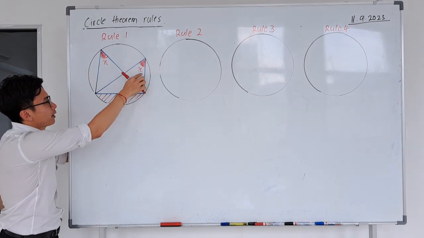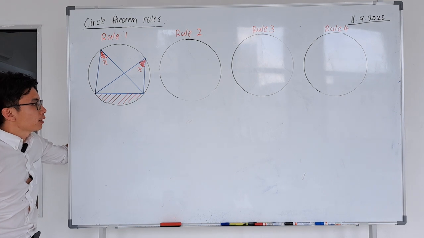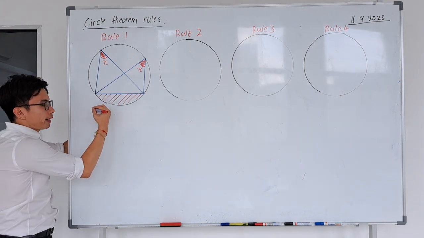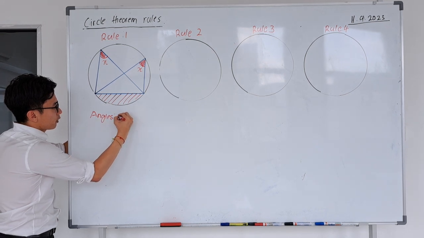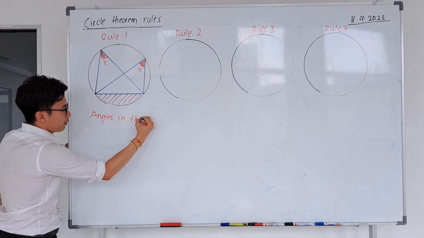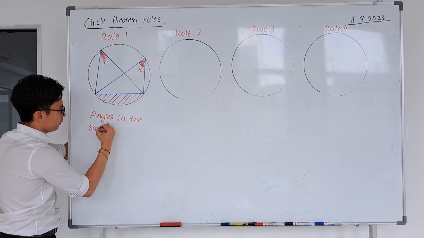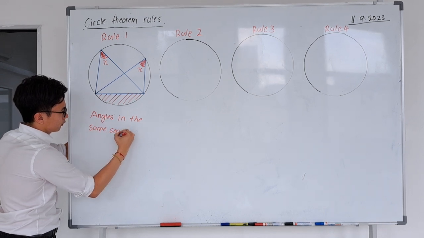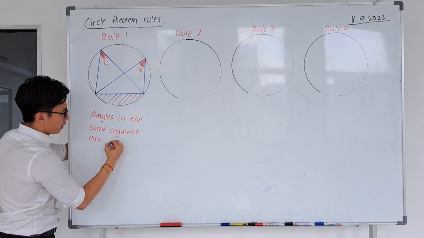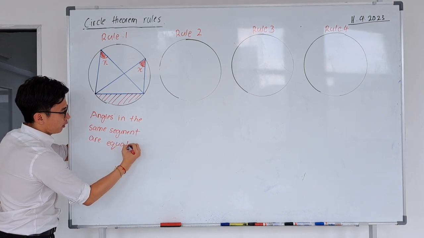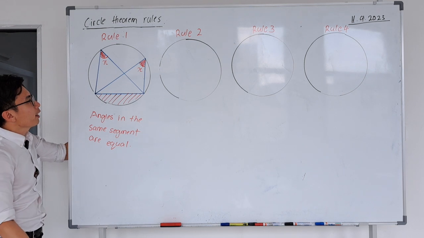These two angles are created by these segments. So we can write a rule over here: angles in the same segment are equal.